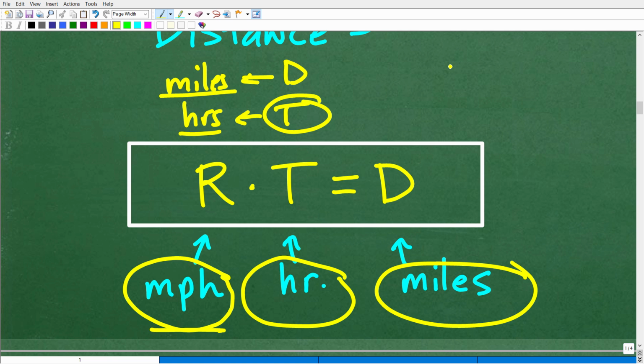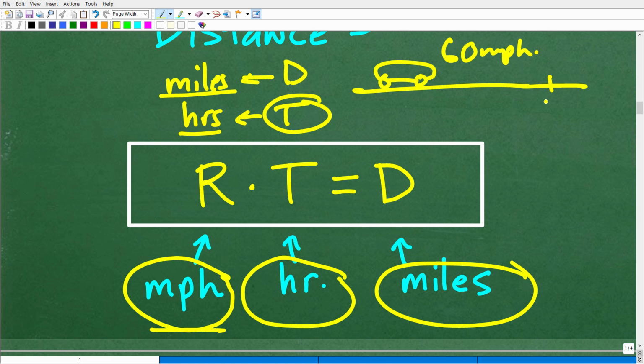So if you're given a problem, let me just make something up. Here is our car. It's going 60 miles per hour, and you want to know how long it will take for that car to travel, let's say, 900 feet. Well, here's the deal: you need to convert the feet into miles, so you need to convert units of measure, and then you'll get your time in hours.